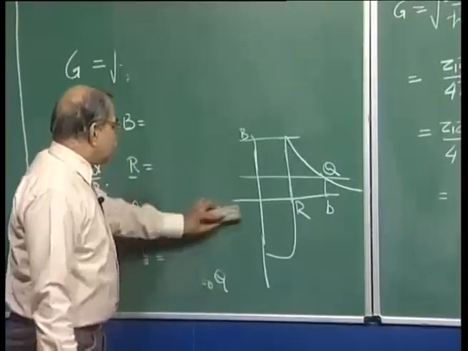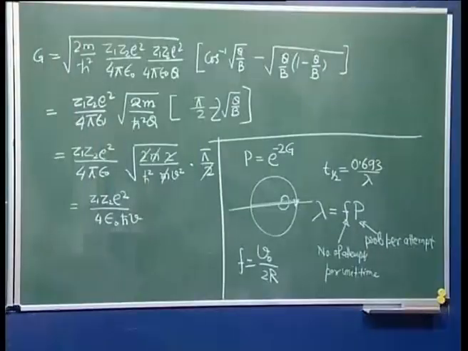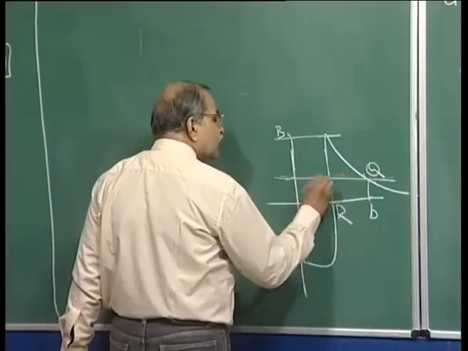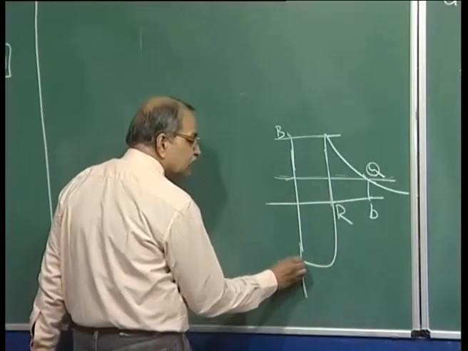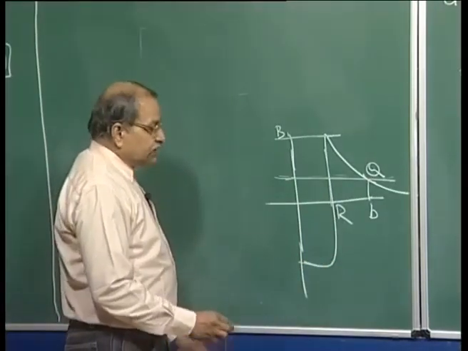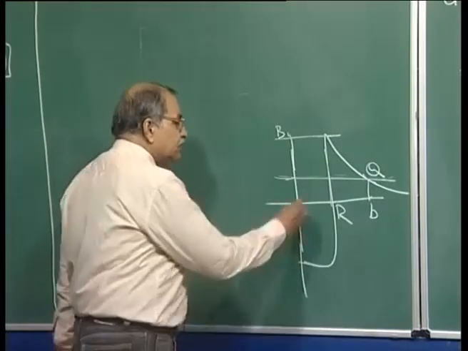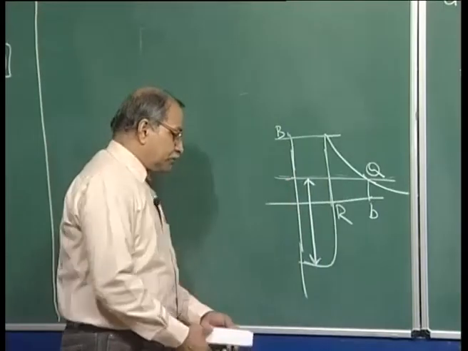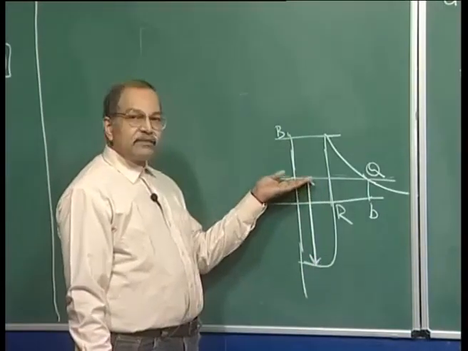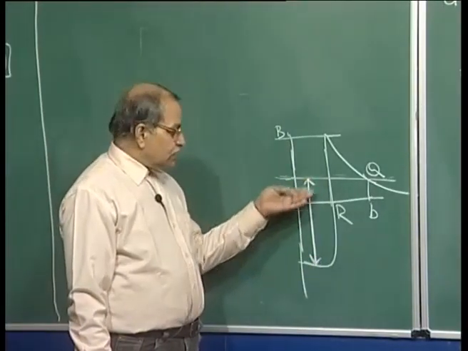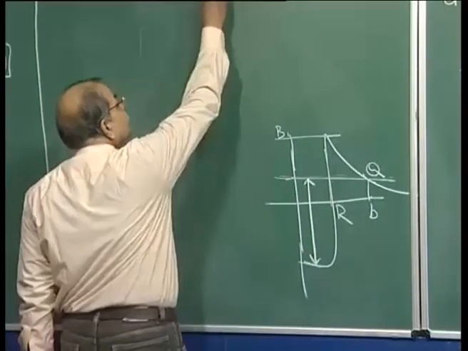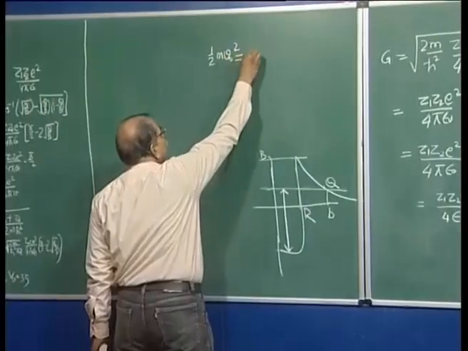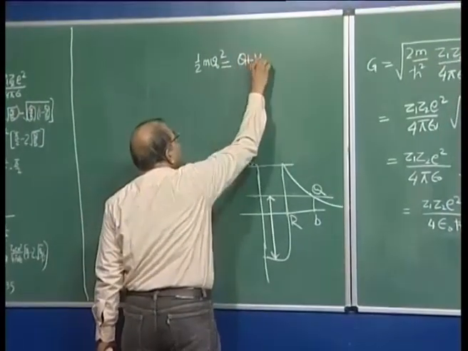Look at this potential energy diagram once again. When the alpha particle is inside, this is the total energy Q, and this is the potential energy. So, if this is total energy and this is potential energy, the kinetic energy is this much. Potential energy plus kinetic energy is equal to total energy. So, this is the kinetic energy, which is half m v naught square, equal to Q plus capital V naught.